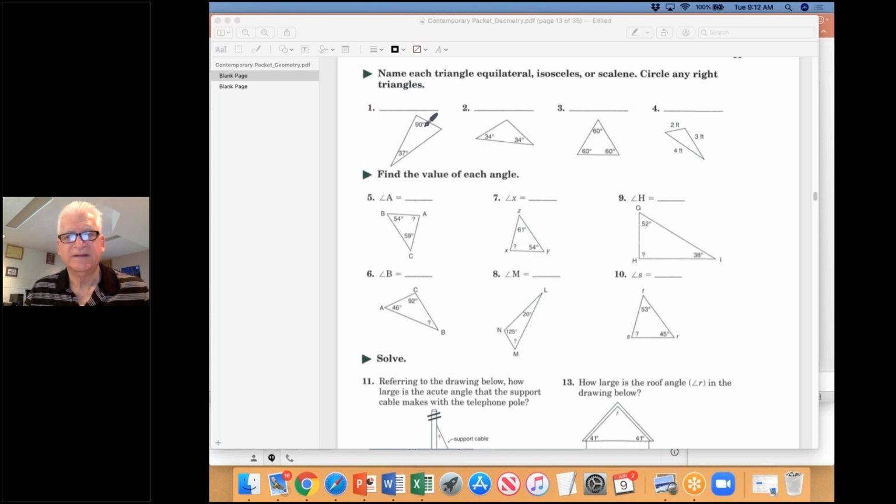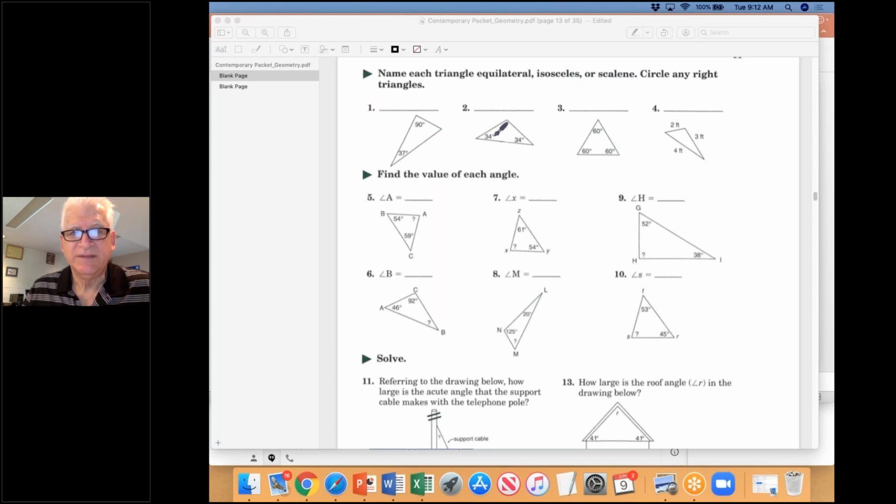Because it has 90 degrees, you don't have to go any further than that. Actually, I'm sorry, this problem does want you to identify it as a scalene because it does not have any equal angles. So it is also a scalene.